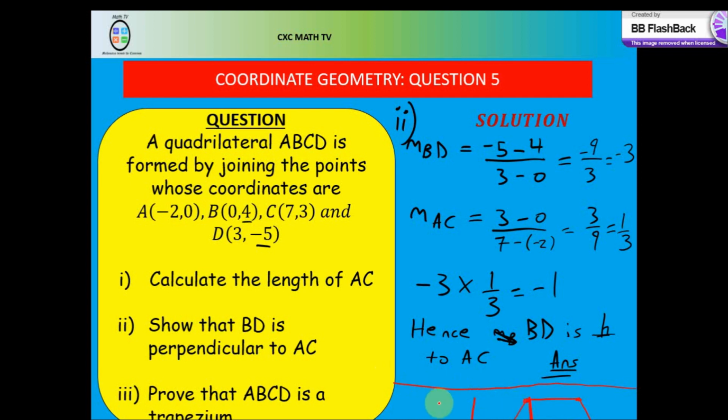A trapezium could also look like this. If we know that one side, let's say this is AC and this is BD, I'm just speculating, then we know that there's another side.